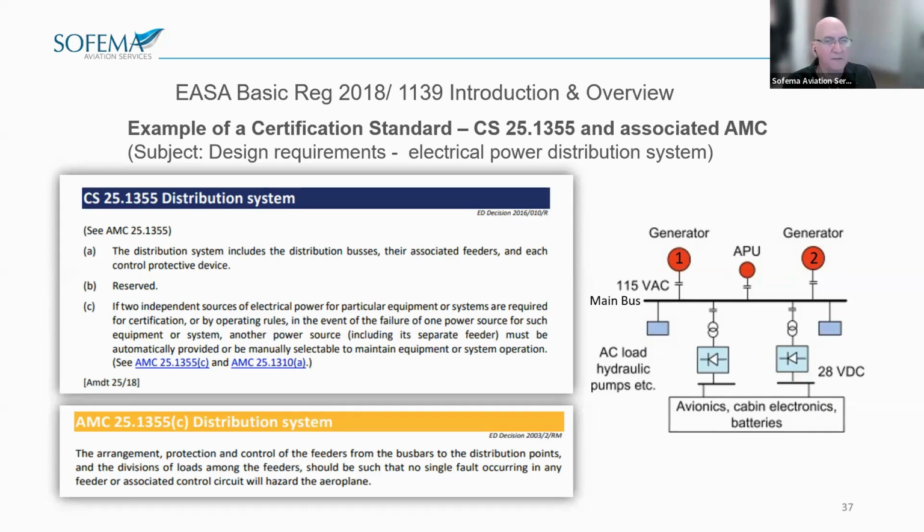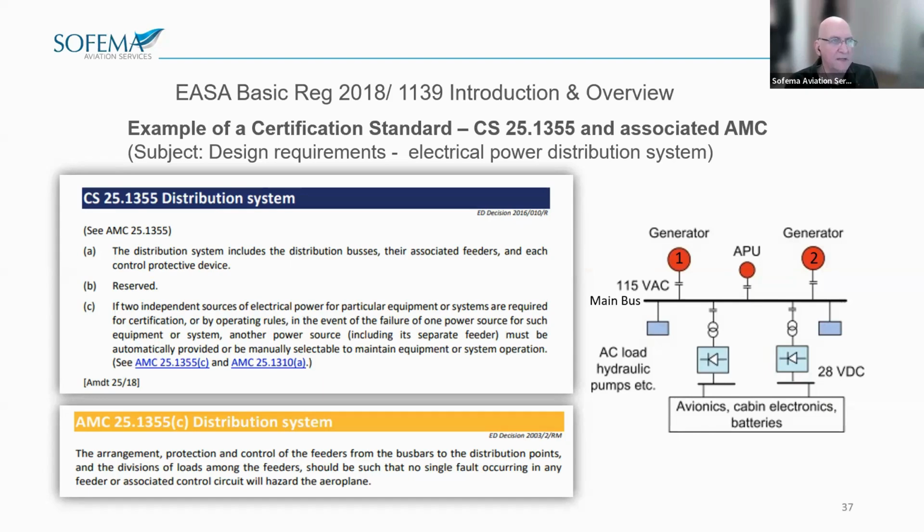However, the AMC further clarifies the requirement by stating that in order to achieve proper and reliable independence of the two electrical power sources, the protection and distribution system should be designed in such a way that a single fault, such as a short-circuited feeder or bus, will not disable the supply from both sources. So the AMC is basically an elaboration of the CS25 requirement, providing guidance as to how the design should be configured.